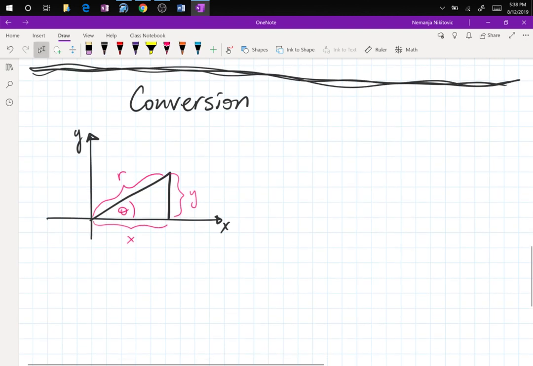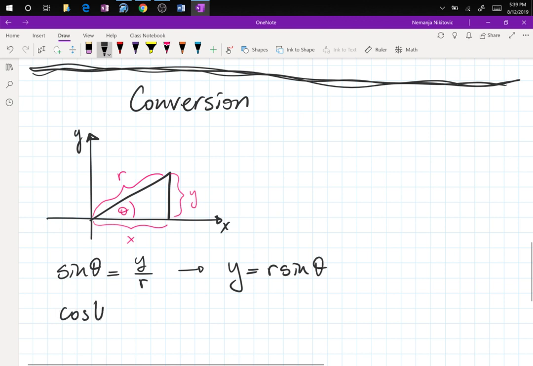You can write that sine theta is equal to y over r, because it's opposite over hypotenuse, from where you can come up with the equation that y is equal to r sine theta.